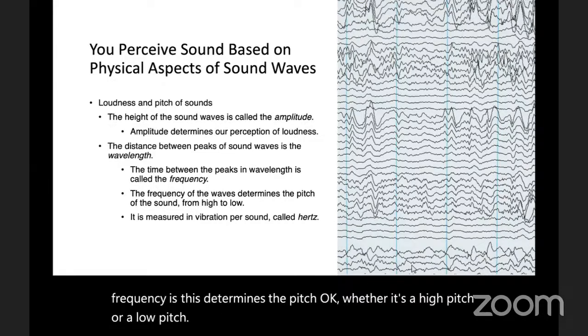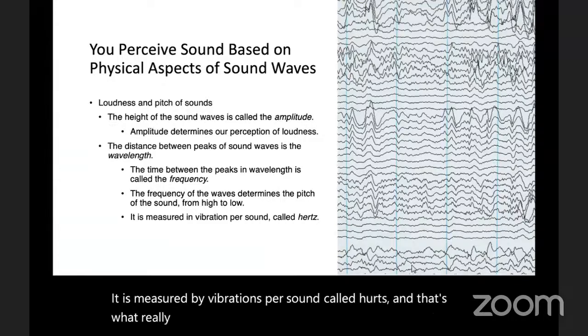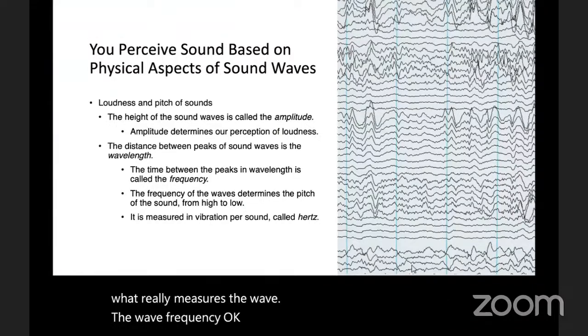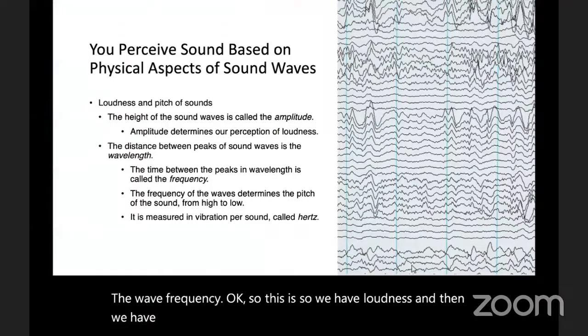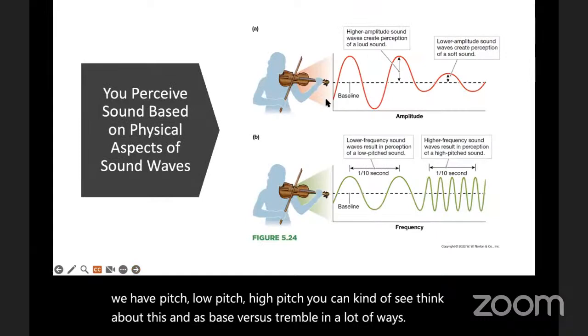It is measured by vibrations per second, called hertz, and that's what really measures the wave frequency, okay? So we have loudness and then we have pitch, low pitch, high pitch. You can kind of think about this as bass versus treble in a lot of ways. So here we have some examples.